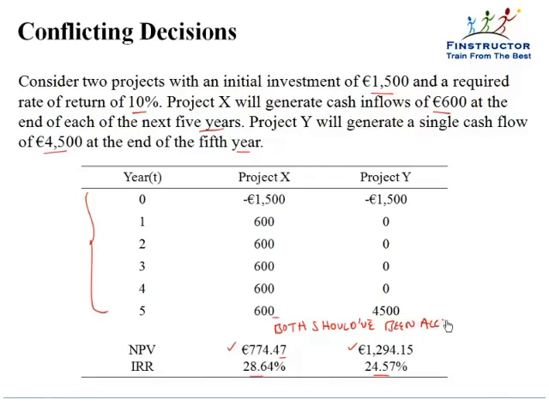But because at one point in time only one of them can be taken, always go with the project with the higher NPV. And why logically should you do that? We will just prove in the coming slides. But remember, whenever in doubt, always choose the higher NPV. So in this case, we will choose project Y.